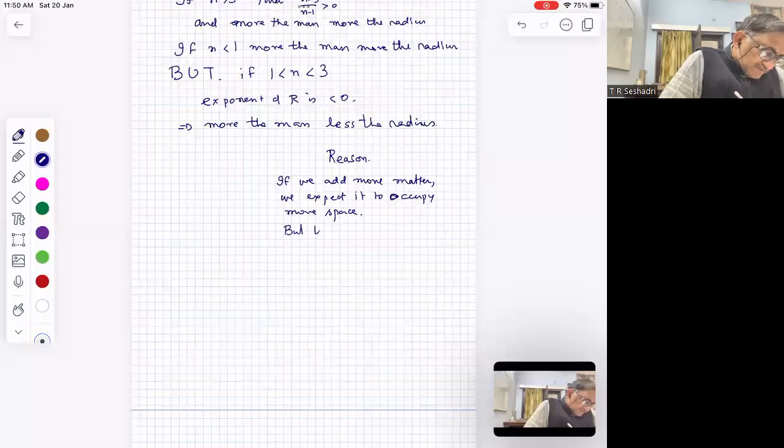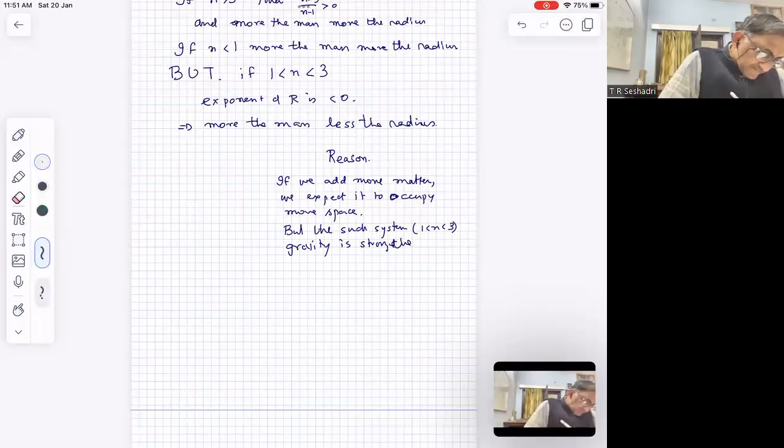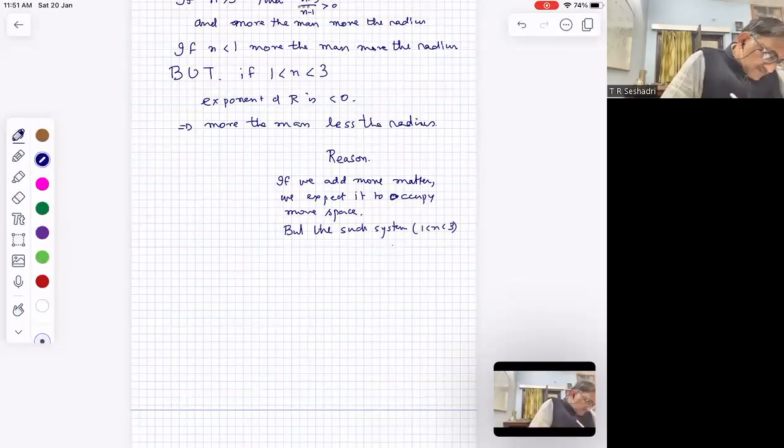But in such systems, in which 1 is less than n is less than 3, gravity is so strong that an increase in mass increases gravity so much.